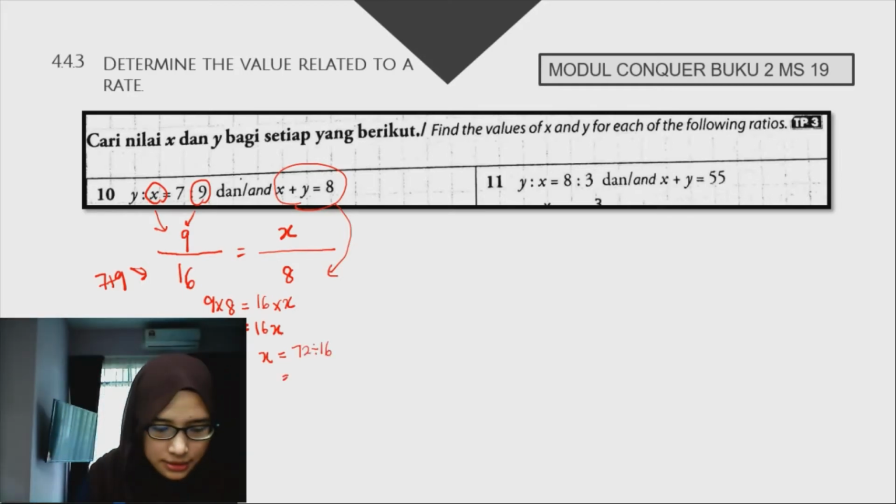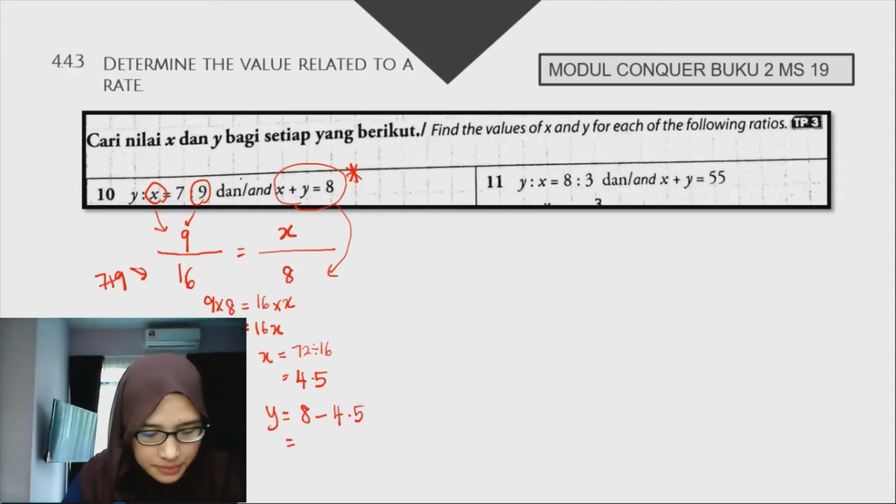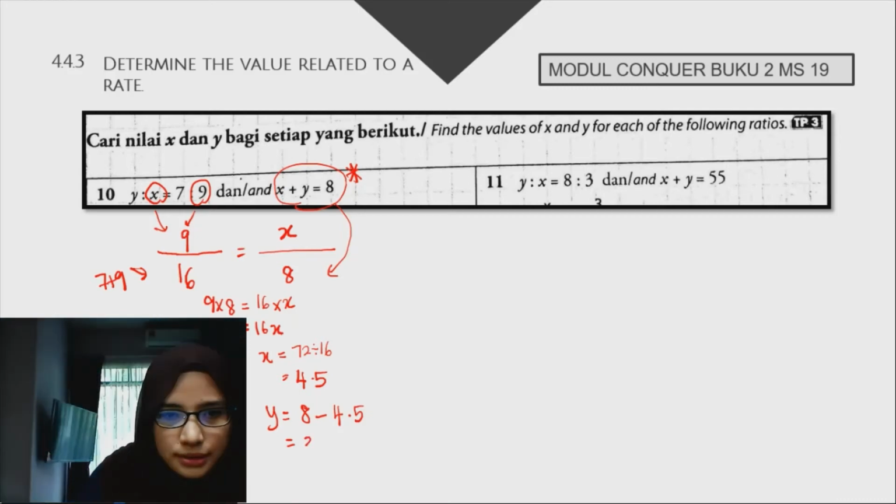That is 4.5. So your y is, either you want to repeat the same calculation or you can just use this information. 8 minus 4.5. That is 3.5. So that's how you use proportion method.